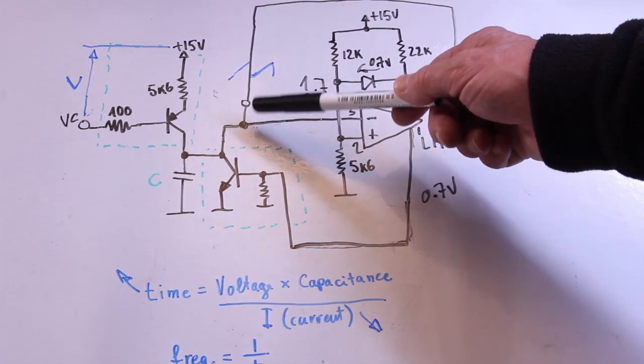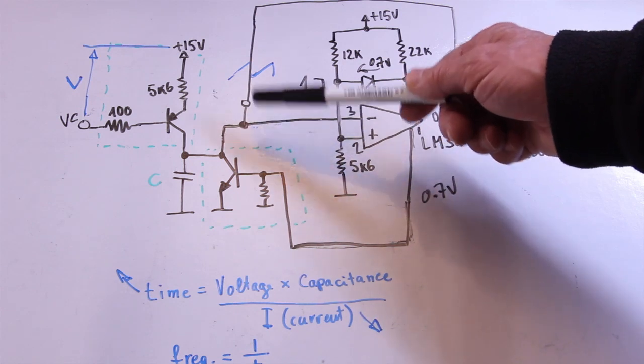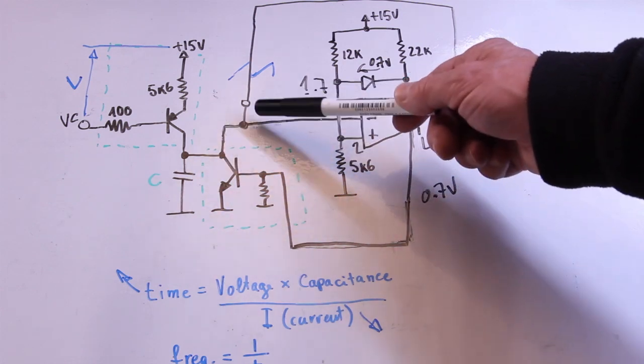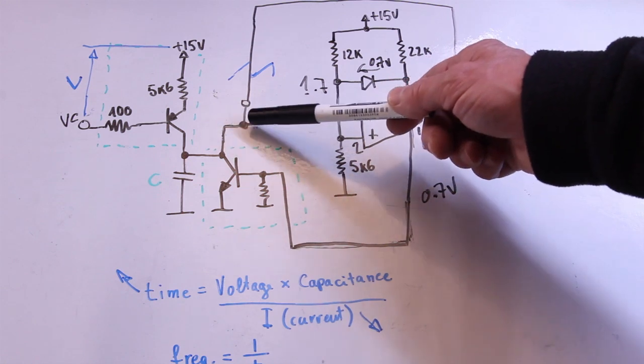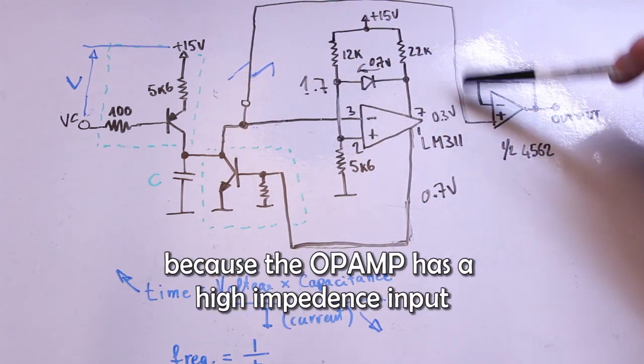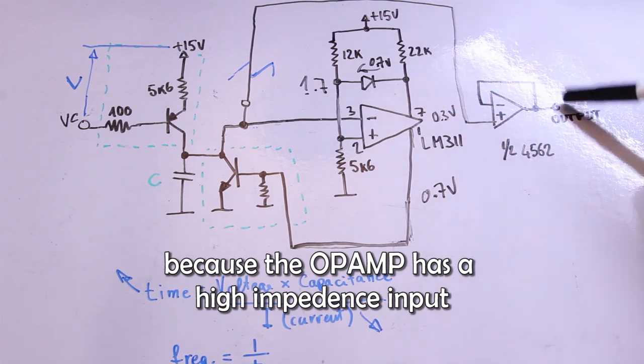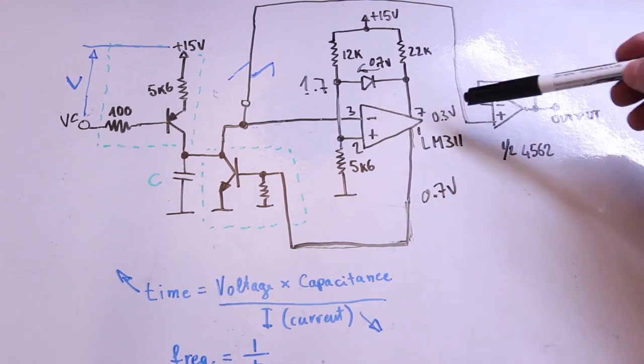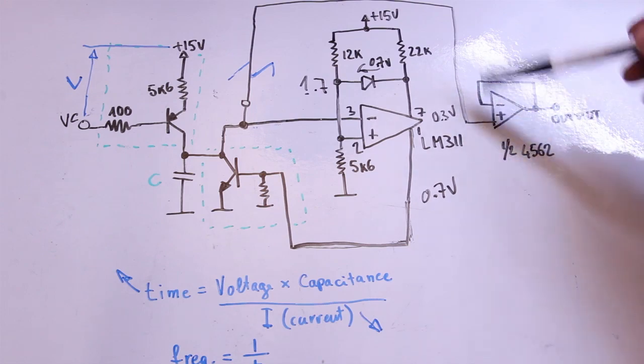Also, applying any load here would affect this waveform, and so a buffer is connected here to isolate the output from this point to avoid this kind of problem.